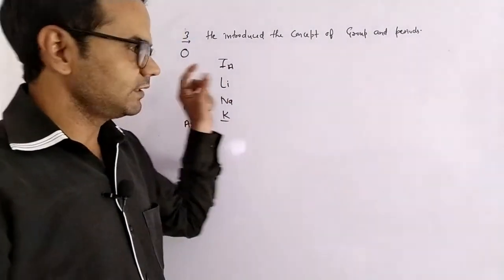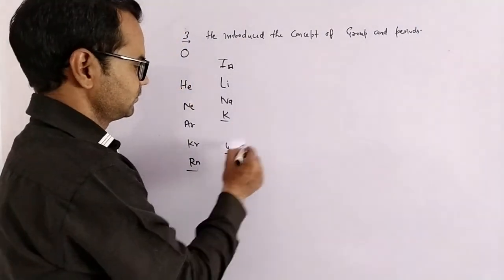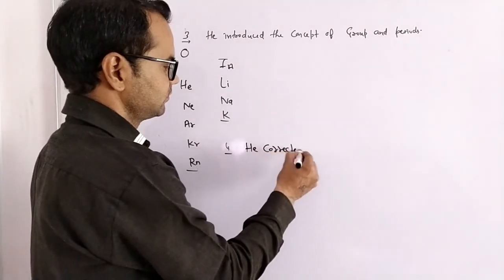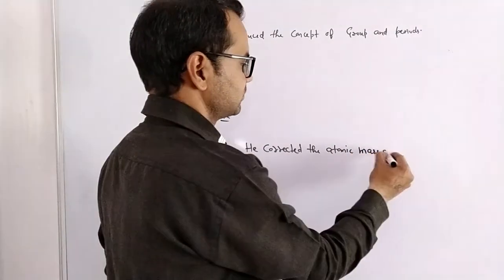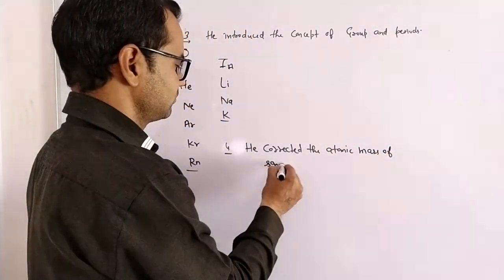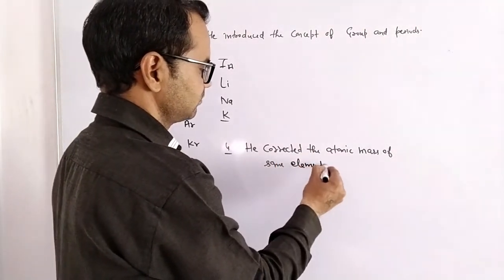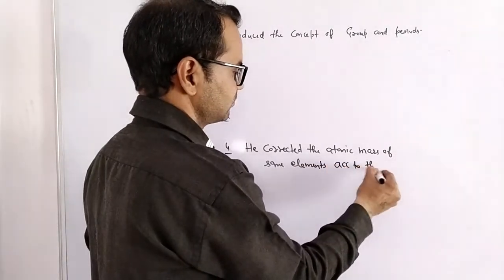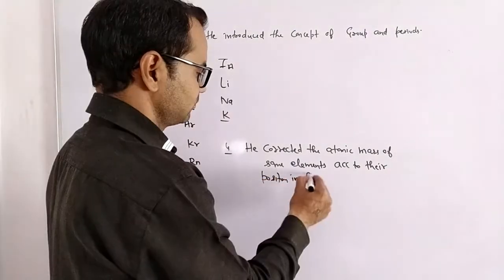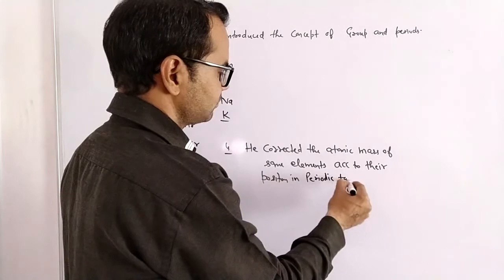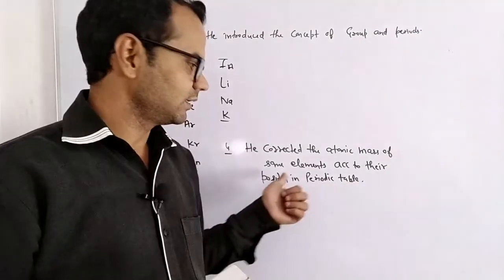And the next, fourth point is he corrected the atomic masses of some elements. He corrected the atomic mass of some elements according to their position in the periodic table.